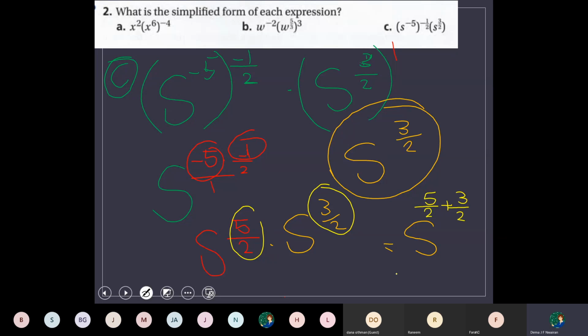Do we have the same denominator? Yes, 2. Then I will add 5 plus 3, which is 8. Then 8 divided by 2 is 4. So I can rewrite it now as s raised to the power 4.